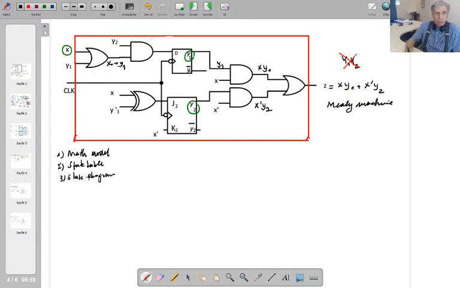If you've got many memory elements and many input variables in your circuit, then the best model to analyze is the mathematical model. So normally, let's call this a complex sequential circuit.